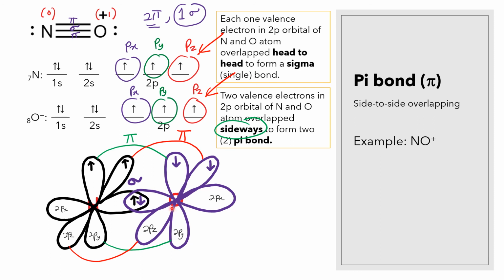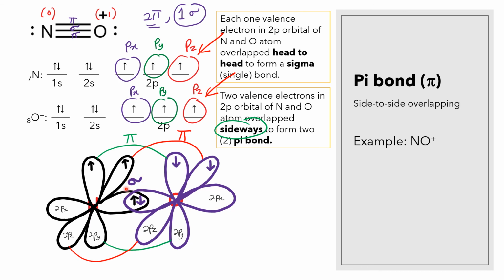Okay, untuk membentukkan another pi bonding. So ini adalah side to side ataupun sideways overlapping di antara dua 2pz orbital, and this is the sideways overlapping di antara py orbitals.